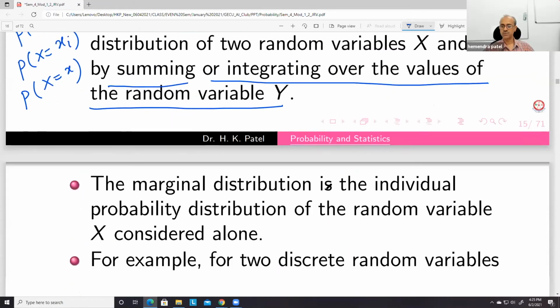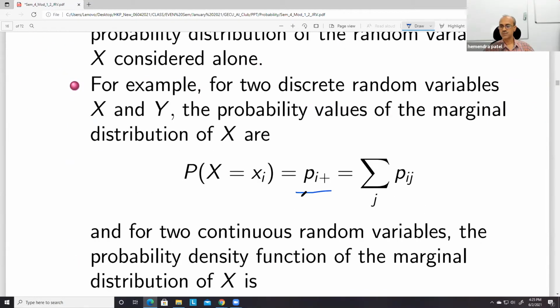So this is a notation. In one other book, I have seen this type of notation also: Pi and then star. In place of plus, they have used star. So Pi star means i is fixed and you take all j's. Star means all j's. Plus means sum with respect to all j, so this is Pij summed over all j.